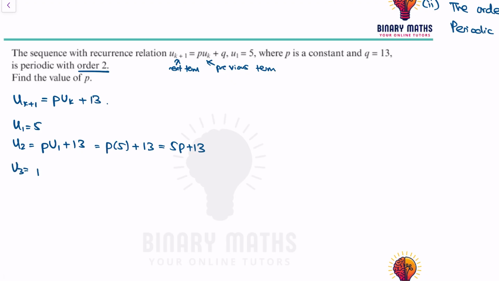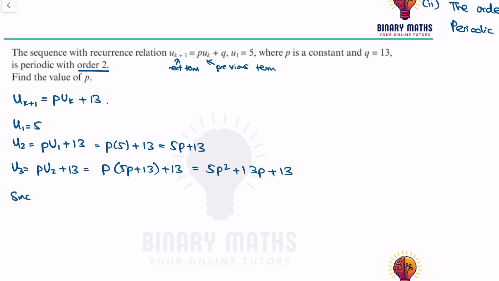U3 will be equal to P times U2 plus 13, which is equal to P times (5P plus 13) plus 13, which means 5P squared plus 13P plus 13.